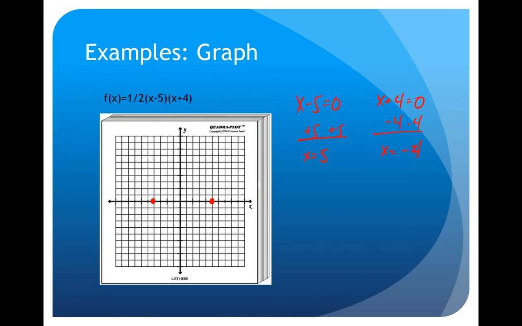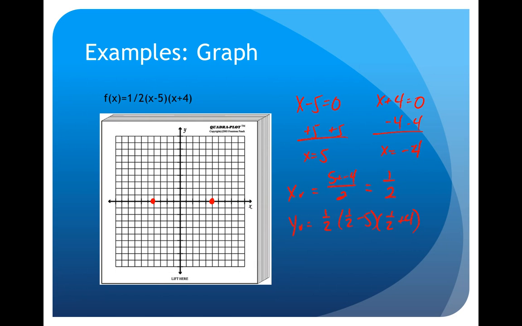Now here, it's a little trickier to visually see where the halfway point's going to be. So remember, I can always add those two together and divide by 2 to find that halfway point. So it's going to be 1/2. So when I go to plug 1/2 in, I've got 1/2, and then in parentheses here, 1/2 minus 5, 1/2 plus 4. And I can go ahead and type all of this in my calculator because I'm really going to want a decimal value anyway.